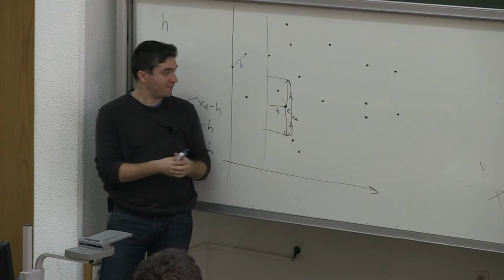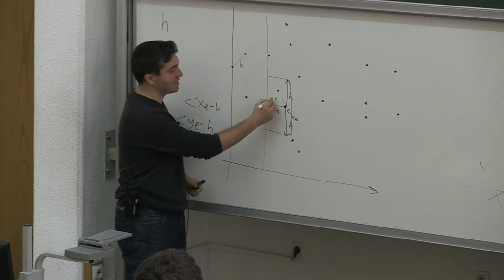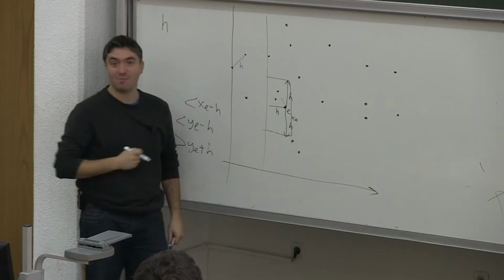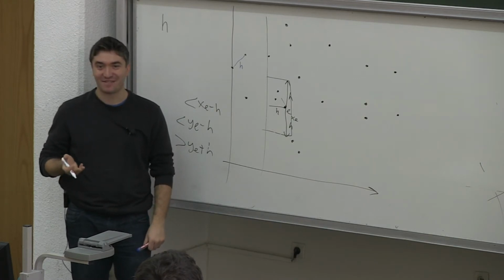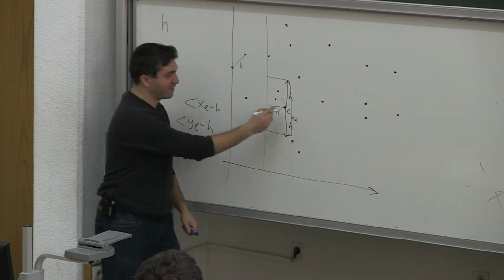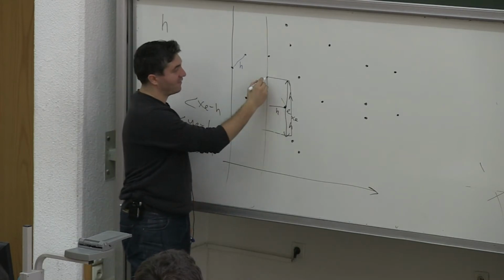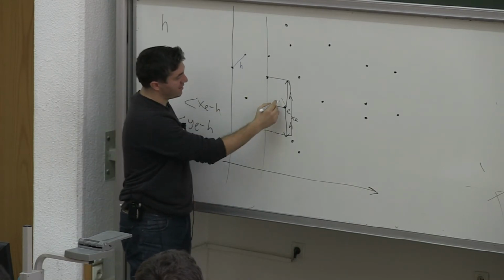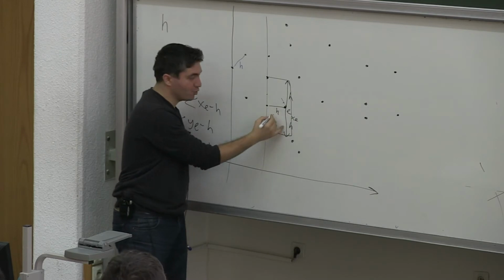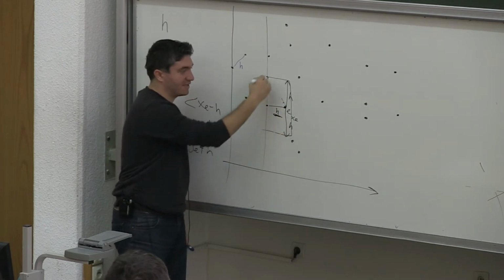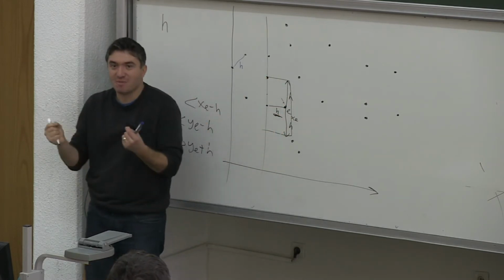Why? Because if there were, for example, 2 points here within this upper rectangle, then h would be smaller, right? Since h is this, if I put a point here, the other can be maybe here, but it cannot be, for example, here. Due to h, the points that are in this window cannot be close to each other.